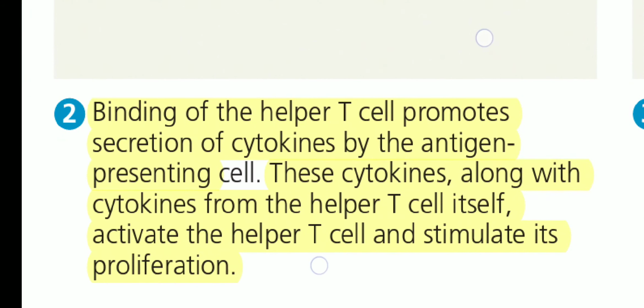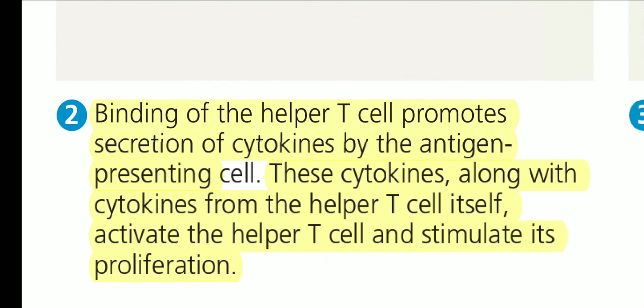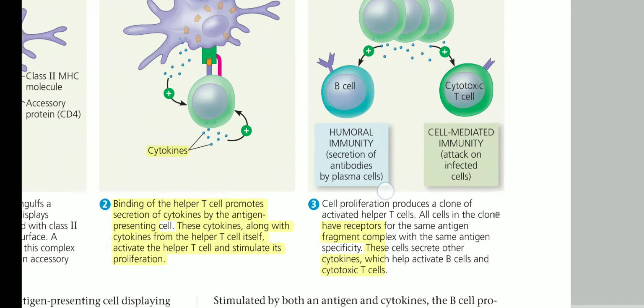The cytokines, along with the cytokines from the helper T cell itself, activate the helper T cell and stimulate its proliferation. So the cytokines are produced from the antigen presenting cells. That's a mistake by me. The cytokines are produced from those antigen presenting cells, and the cytokines from the helper T cell activate the helper T cell and stimulate its proliferation.